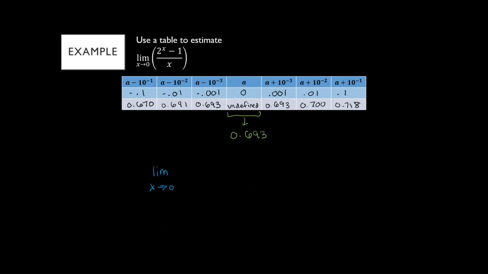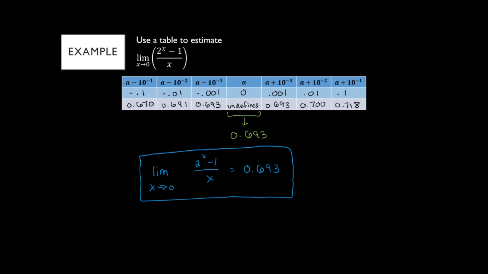So limit as x goes to 0 of 2 to the x minus 1 over x, 0.693. And you can look up, there's a formula for this limit to kind of determine what the limit is equal to, because some of the limits equal special numbers.